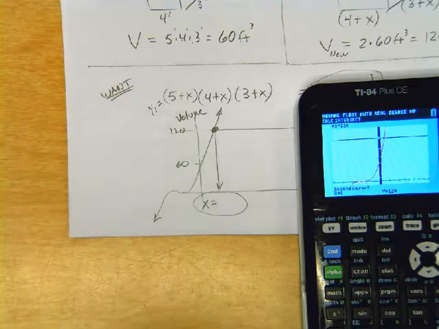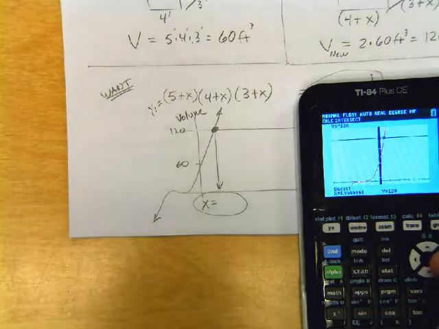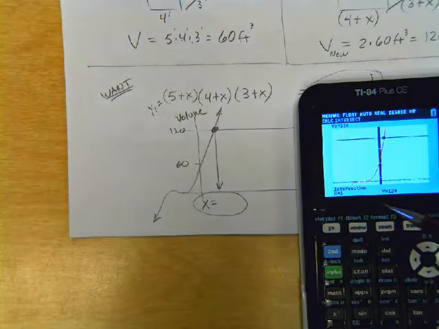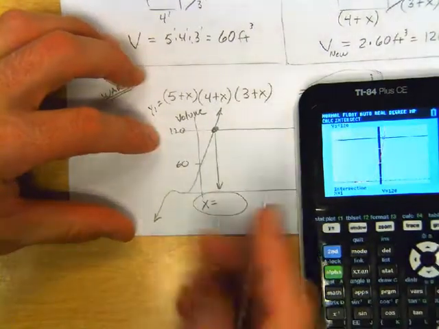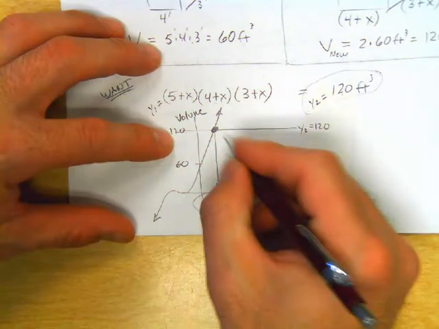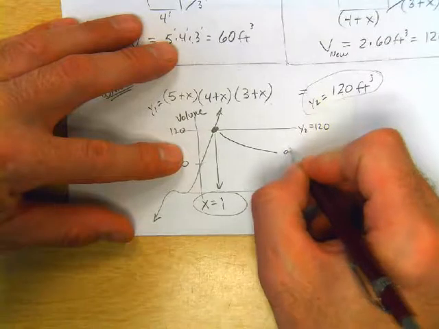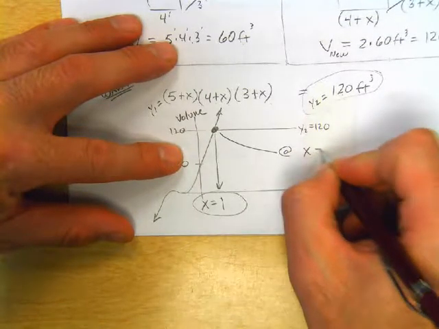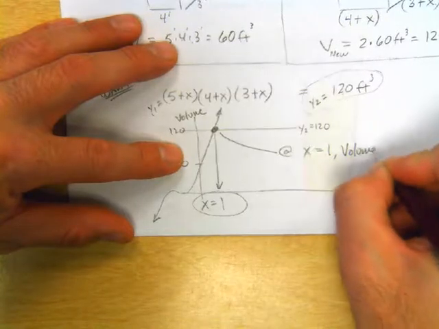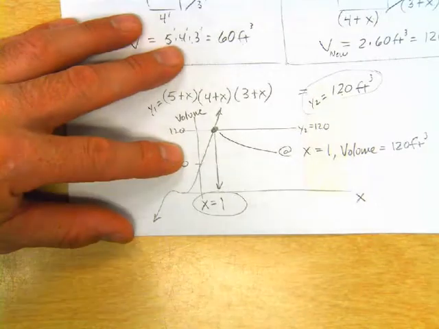Press enter. And then move the cursor near the intersection, and it will give you that intersection coordinate, which is x equals 1. So this says at x equals 1, the volume equals 120 feet cubed.